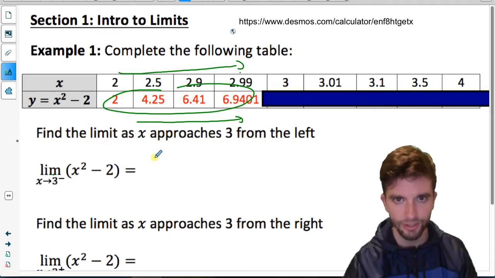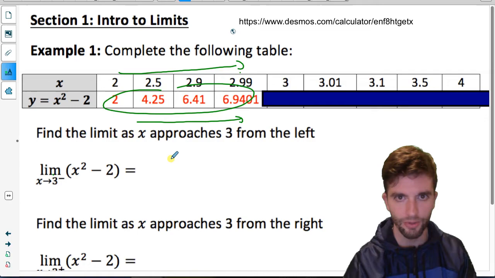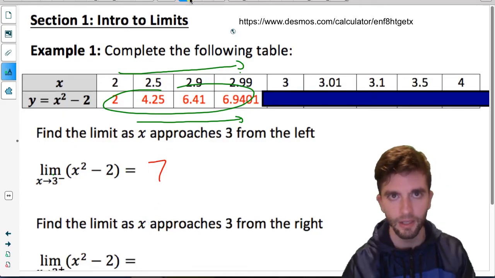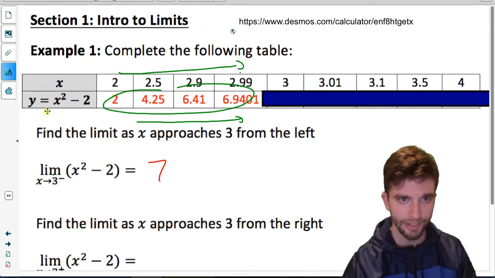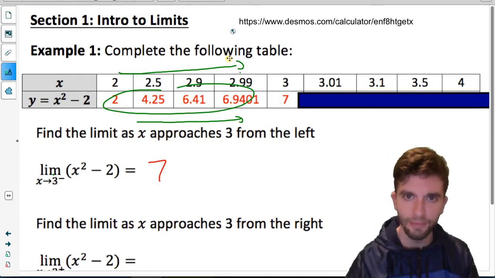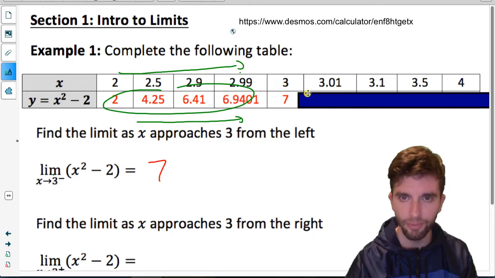The x squared minus 2 values look like they're trending towards 7. So I would say the limit of x squared minus 2 as x approaches 3 from the left is 7. And if I were to plug 3 into this equation, it actually does equal 7. But when we're doing limits, we don't actually care what it equals at the point. We just care what it is approaching as we get close to that point.